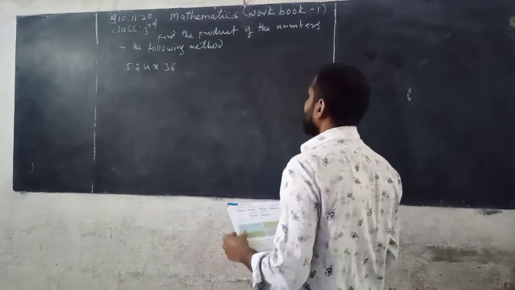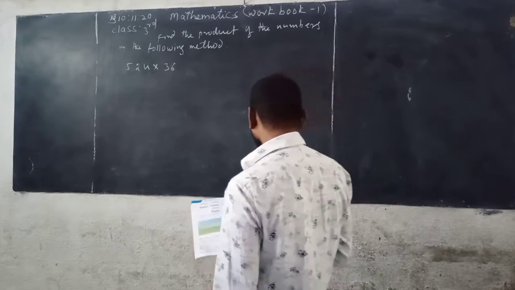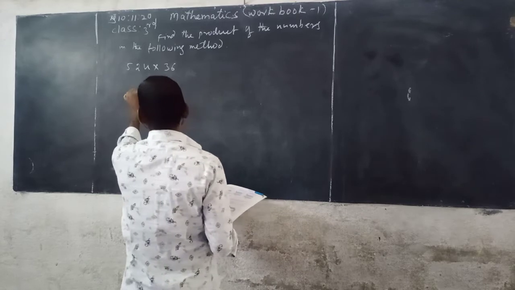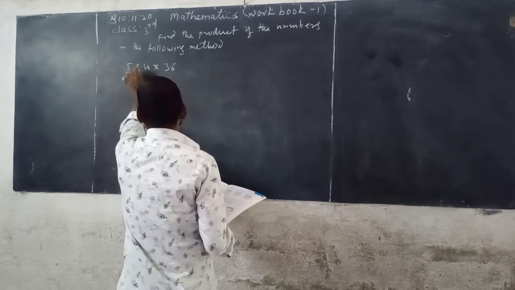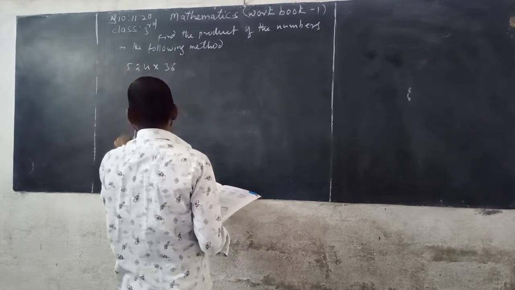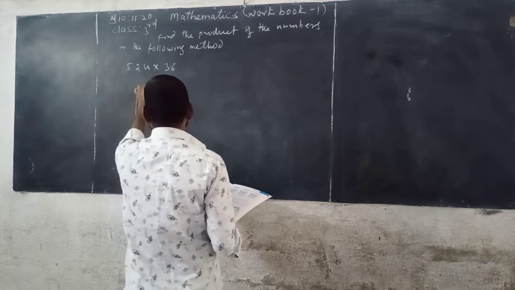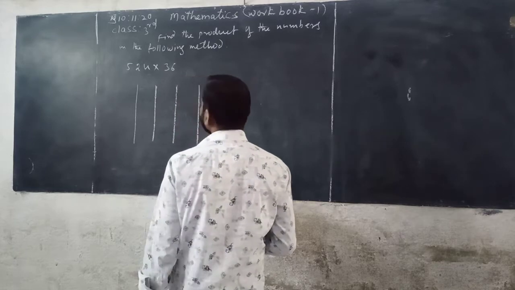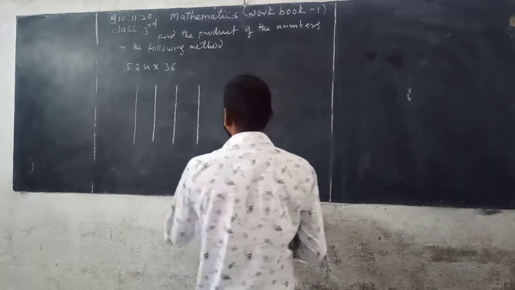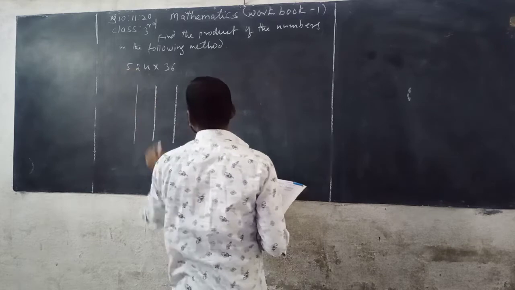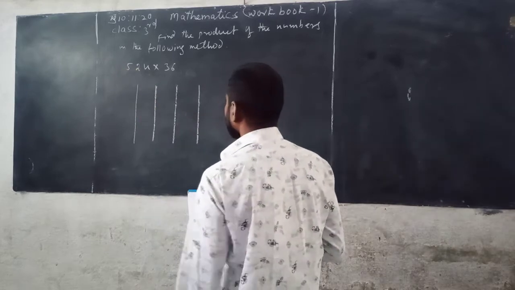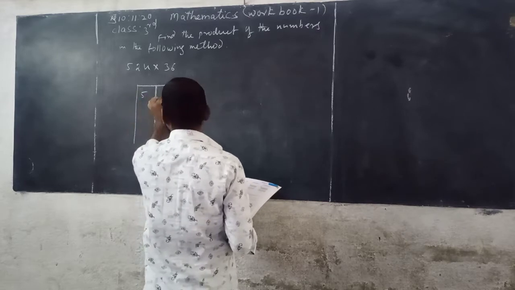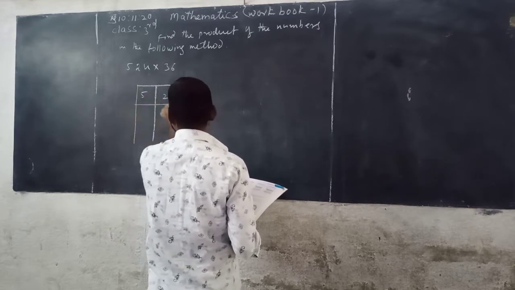Lattice multiplication method. See here, write the two numbers in the form of a table. First you can form a table. Now write 5, 2, 4 at the top of the column: these three numbers, 524, at the right top of the column.